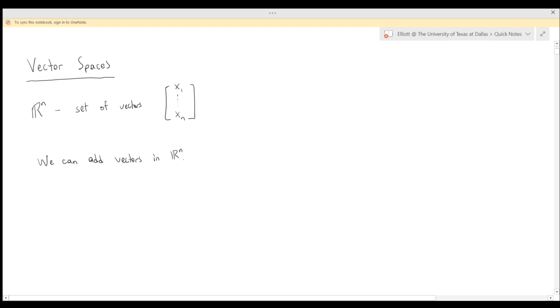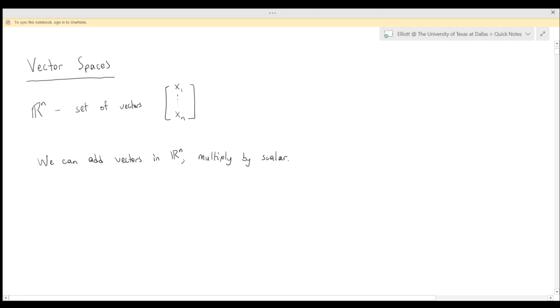We can also multiply them by a scalar. We did have some other operations, in particular the dot product. However, for vector spaces in general, we focus more on just the vector addition and the scalar multiplication.